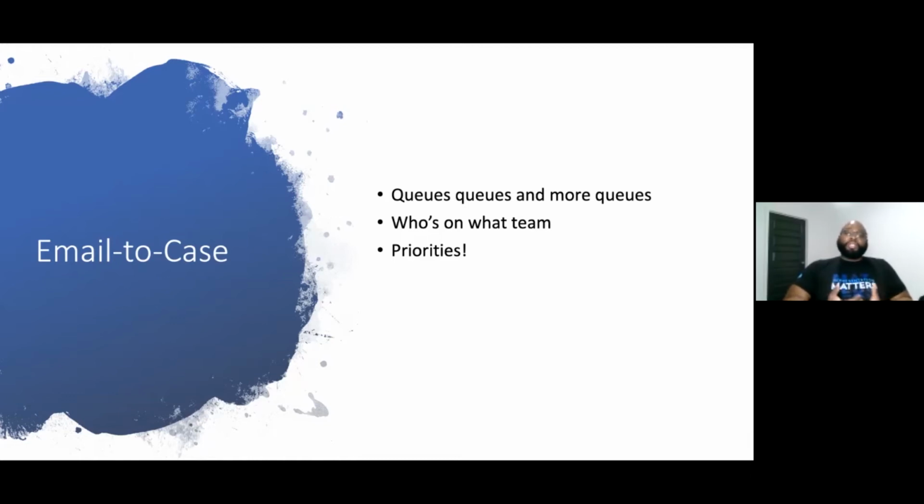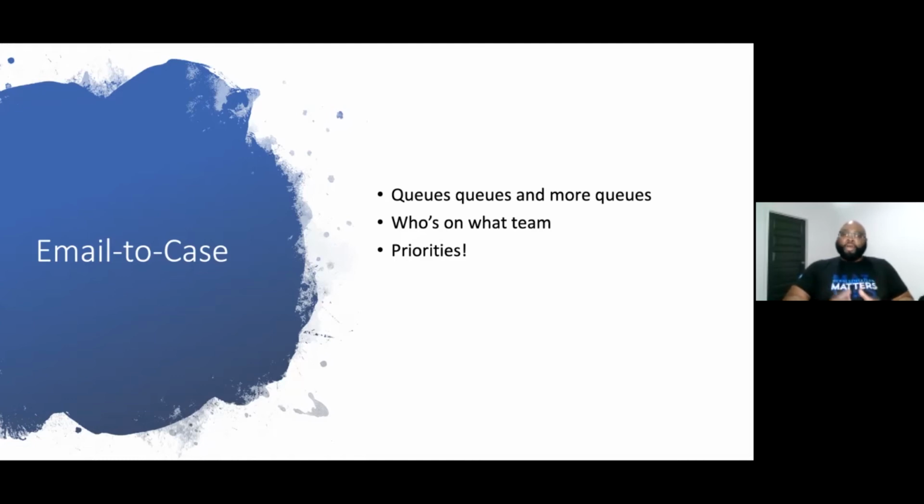When emails come in, are they all coming into the same inbox and going into the same queue? Are they all going to be assigned to one person? Or will you have a lot of people working a multitude of different kinds of cases? With email to case, you can set up a bunch of different queues. You can do them by language, by territory, or by however your business is set up to make sure that the right cases get to the right people and problems are solved quickly and efficiently.